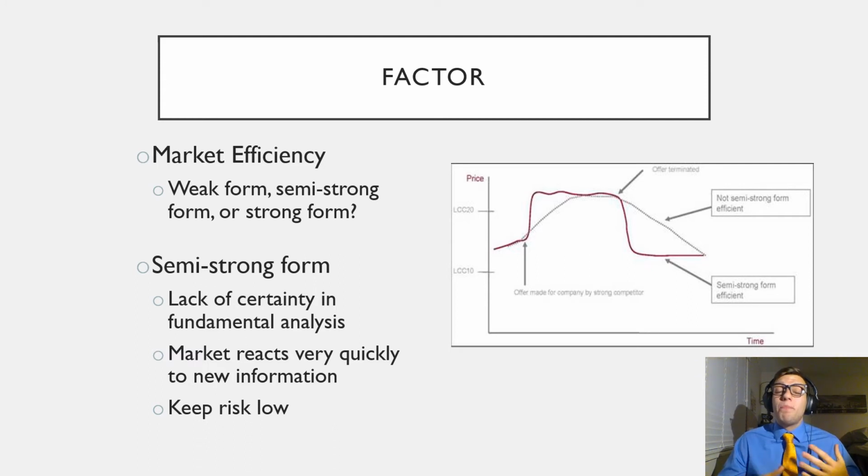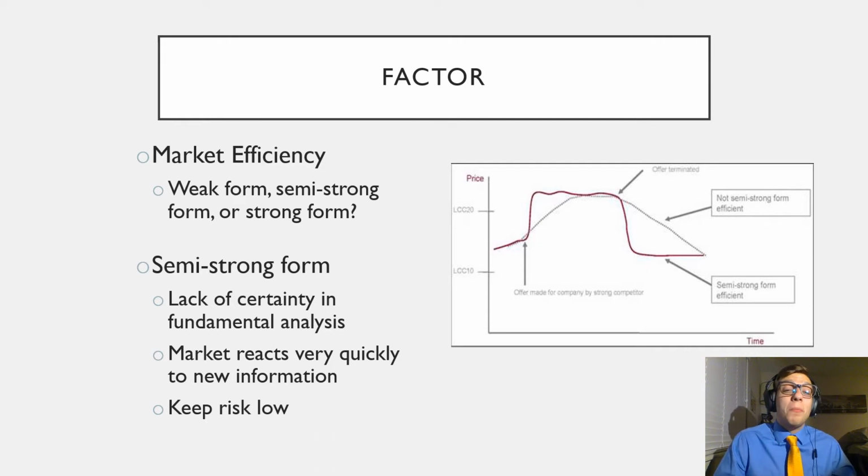This is for basically two main reasons. One, a lack of certainty in fundamental analysis. I do not believe that you can base past prices or past movements of a stock in order to gain any sort of advantage in the future of a certain stock's price. I think that stock prices are so volatile, and no one knows what's going to happen in the future.